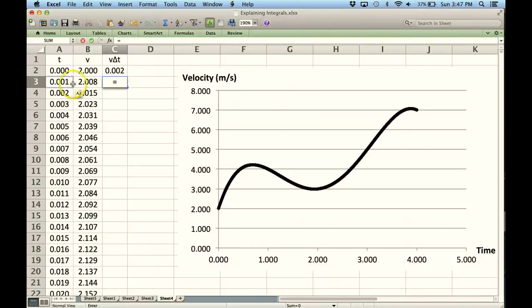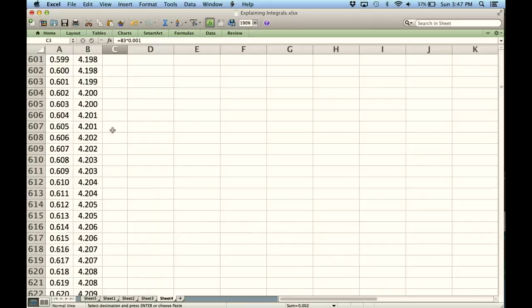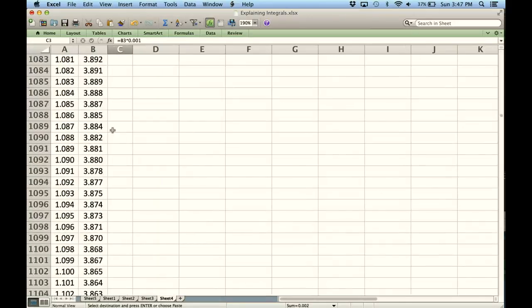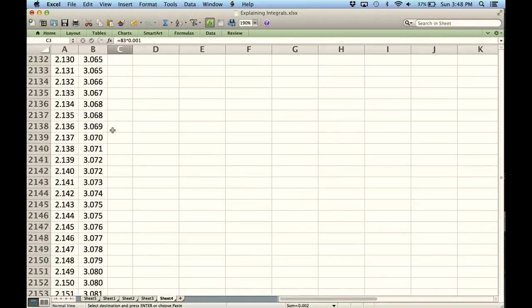In the second interval, I assume we move at this speed for 0.001 seconds, the same interval of time, and I calculate the distance for that second increment from 0.001 seconds to 0.002 seconds. And I calculate this for every single value, every single increment, and there's a lot of increments.